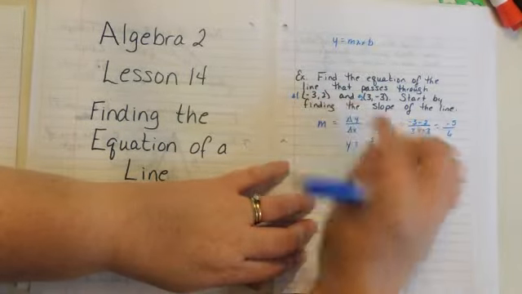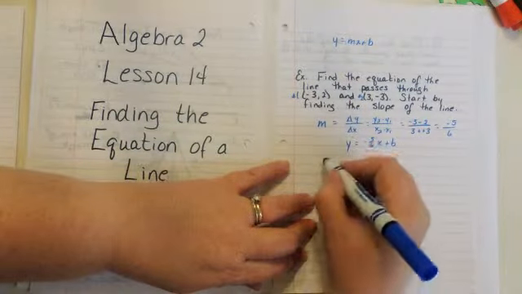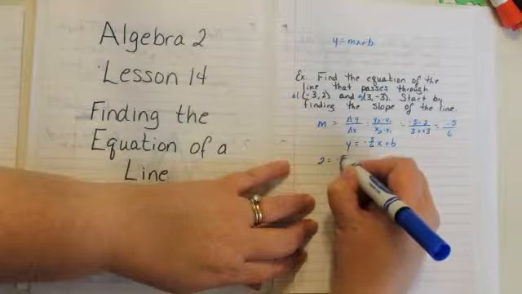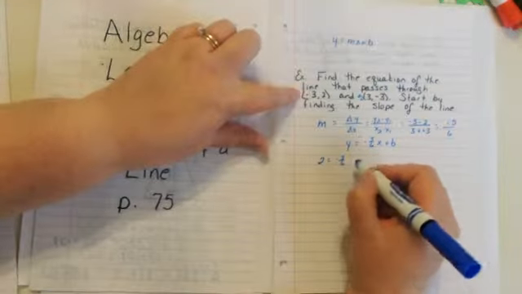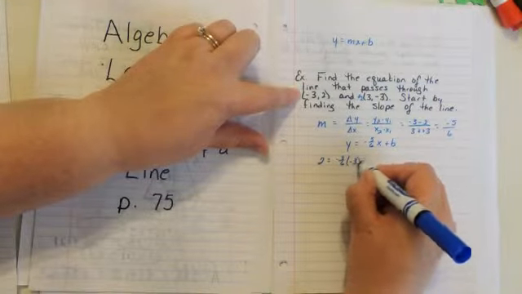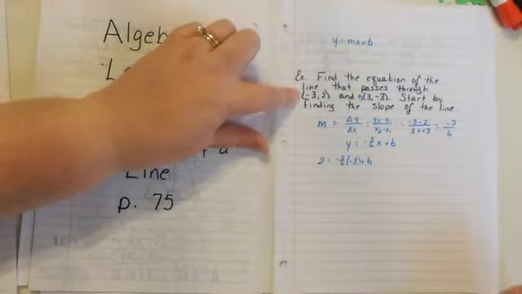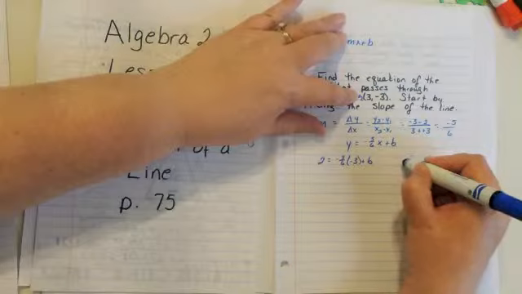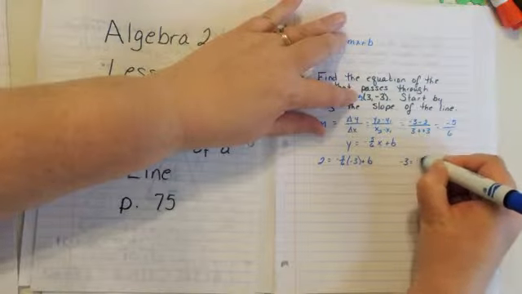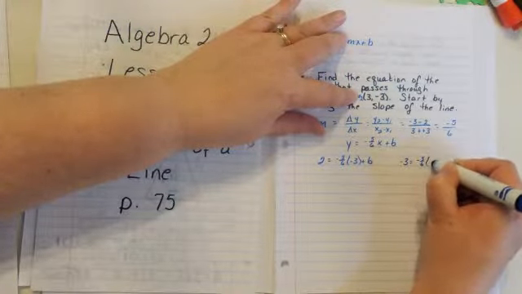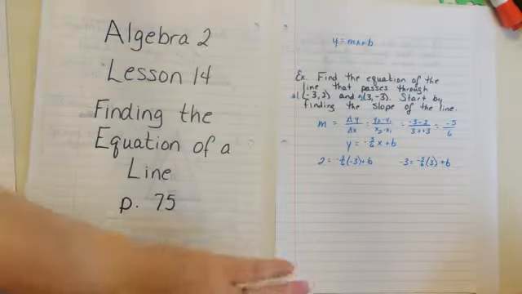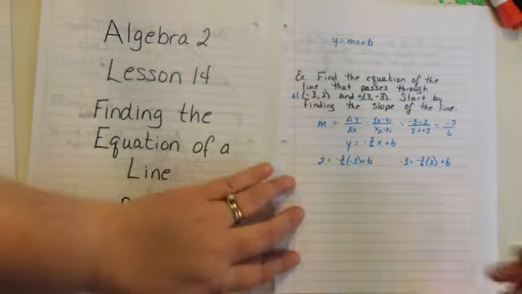So if we use point 1, then y equals 2, 2 equals -5/6, and x equals -3 plus b, and we're going to solve for b. For point 2, we'll have -3 equals -5/6 times 3 plus b. Okay, let's solve for b in both of these equations.